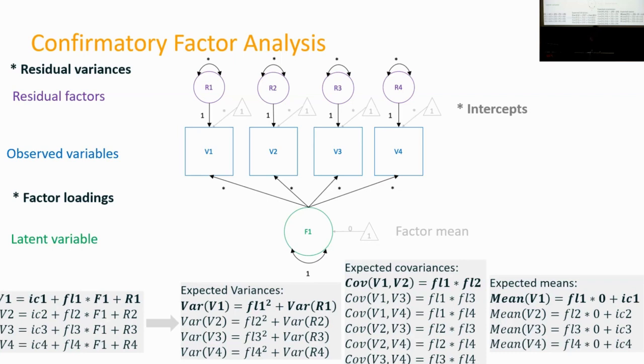So the mean on variable 1 is a function of the factor loading of item 1 times the mean of the factor, which is here constrained to 0, plus the intercept belonging to item 1. So you are left with the intercept. Keep that in mind.